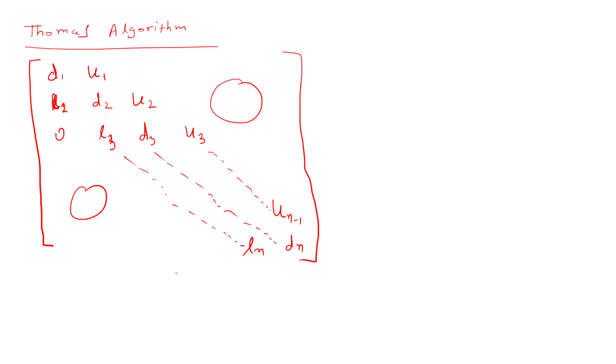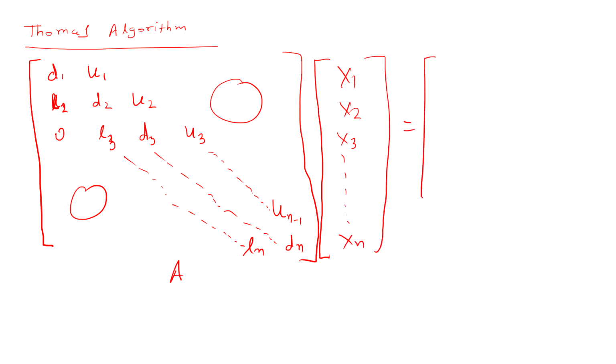So this is my matrix A. With this matrix A, I will have a vector x1, x2, x3 going up to xn, and on the right hand side we will have b1, b2, b3 going up to bn. So essentially we are trying to find out the solution of Ax is equal to B. The idea behind Thomas algorithm is that we will define two vectors, alpha and beta, with size of n.